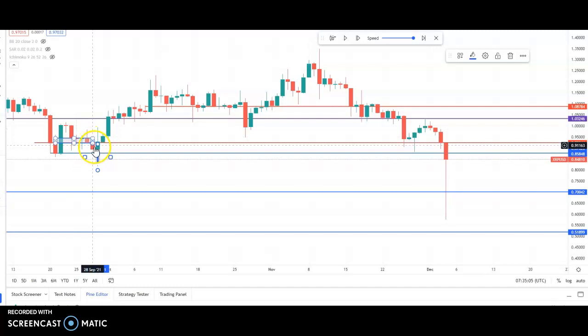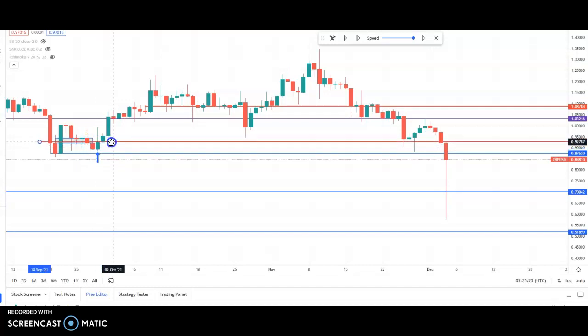This is the first move up after the down move, and it's an engulfing candle engulfing this previous candle to the left. So this would be an area of maybe potential interest in the future when price comes back to it, right? Let's see. Price came back to this area in the future.